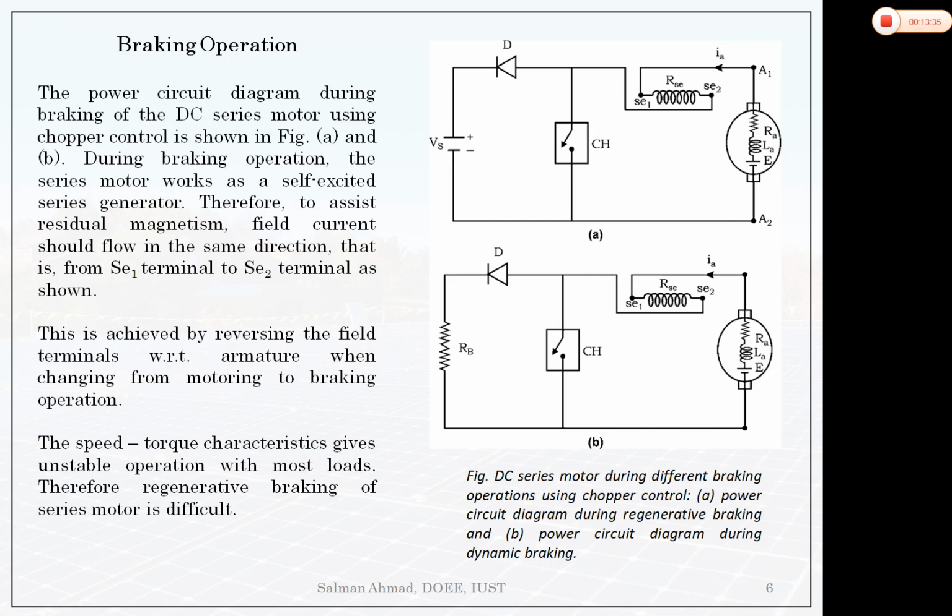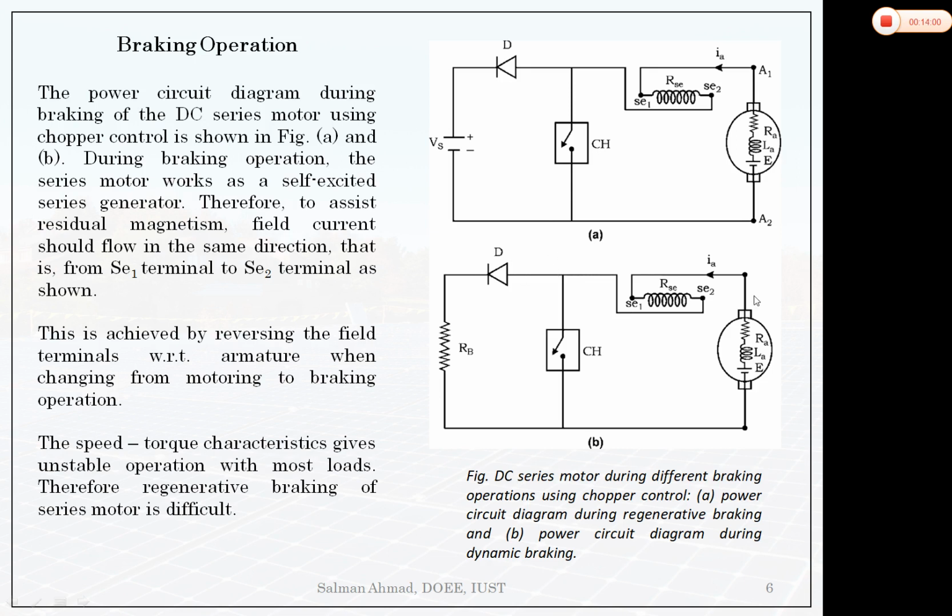So in braking operation, what you do, the control switch you have to place here. If I discuss the dynamic braking, you can see here in dynamic braking we have to connect one dynamic braking resistor. Okay, and we are placing a diode this side.